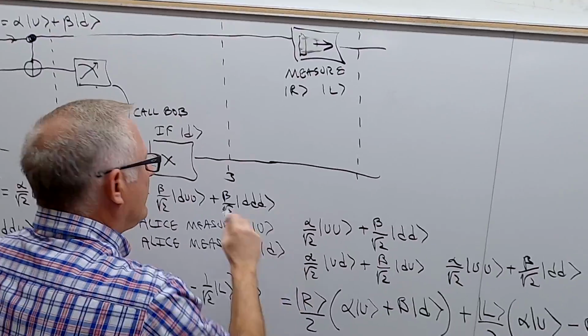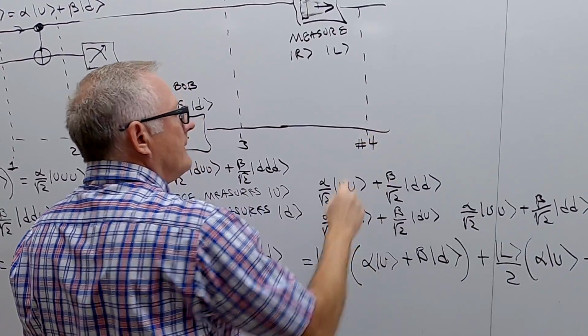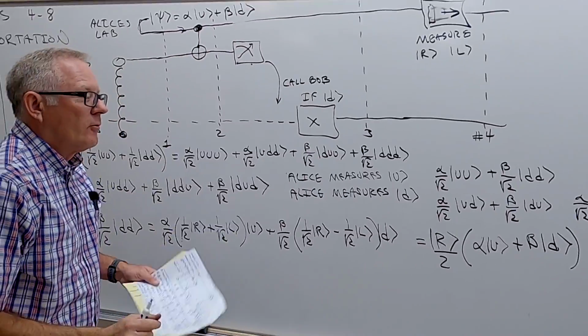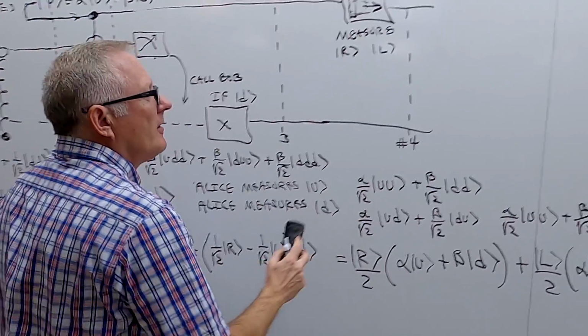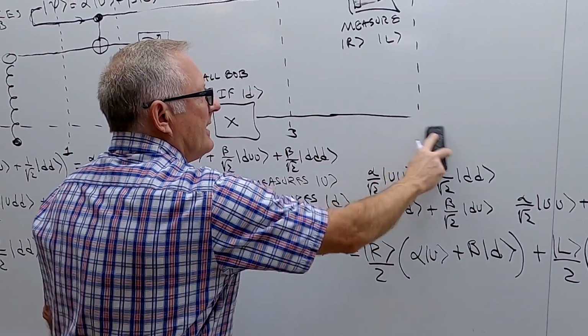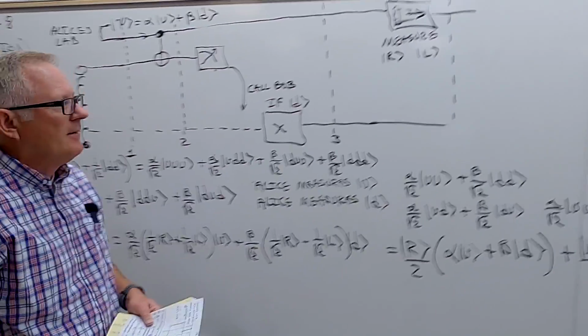We could call that step 4. Actually, it's not 4 yet. It's still 3. We haven't made the measurement. We've just changed the basis, so we haven't done anything yet. This is still the state.